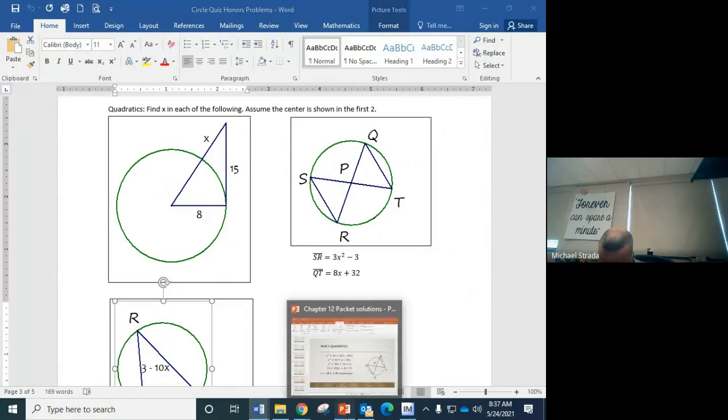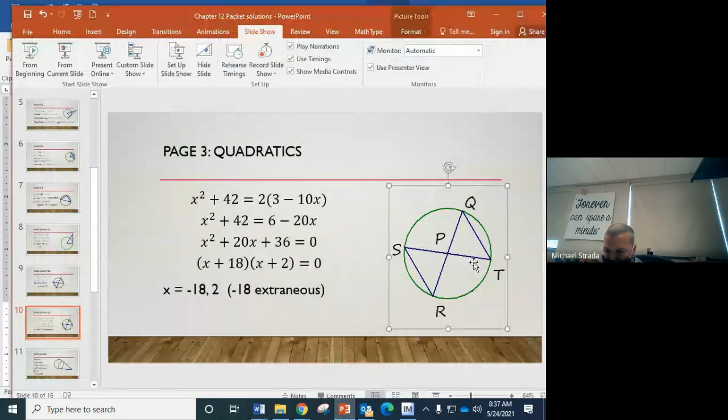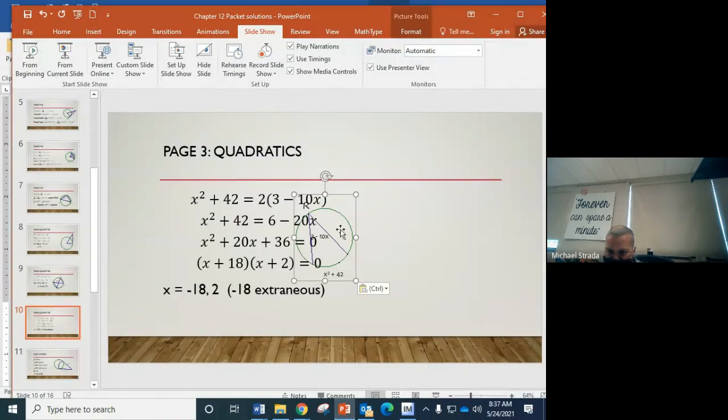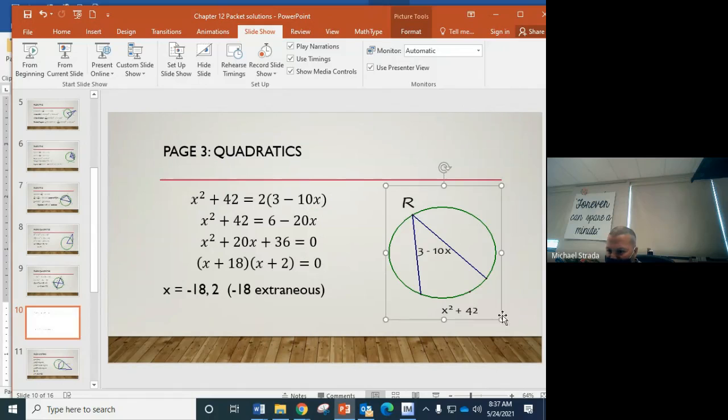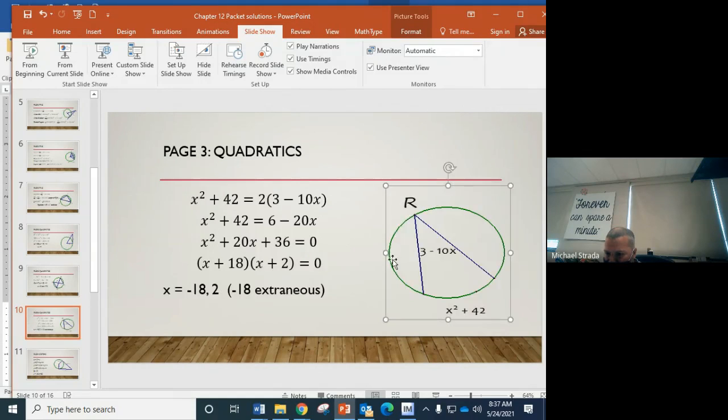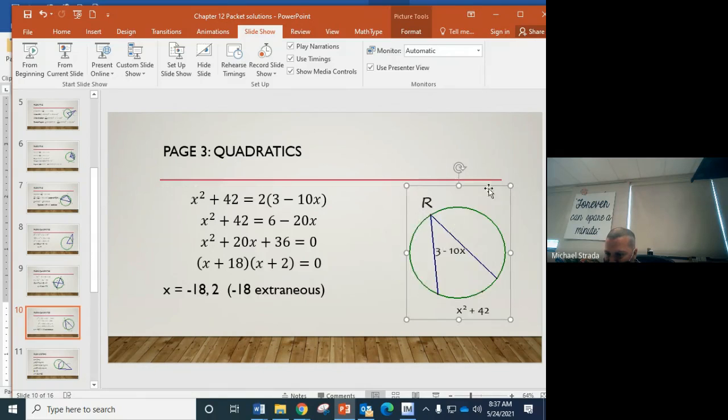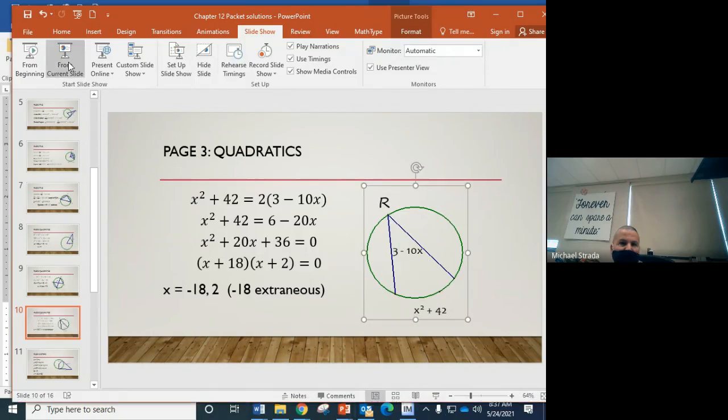Let's see. I don't even know what it is. There we go. Slideshow.